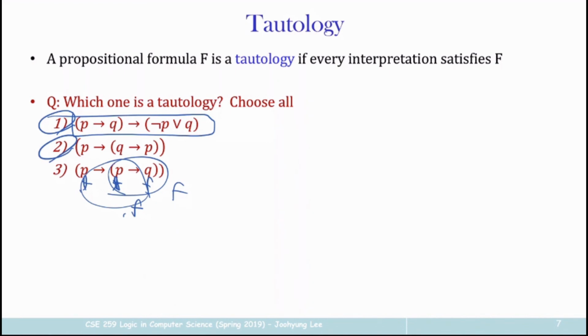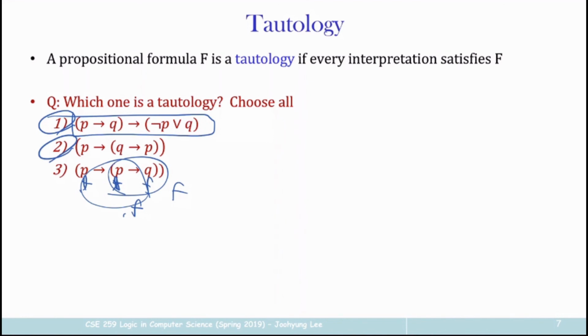Because suppose you want to apply that to the first formula. You want to check that this is not a tautology. You want to find an example that makes the first formula false. How many cases do you have to consider? Because of the way implies works, you know that it will only be false if the first one is true and the second one is false.